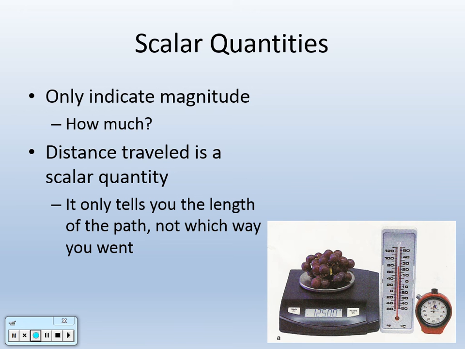So, distance traveled tells you the length of the path without regard for which way you went. It only tells you magnitude, it doesn't tell you direction. Okay? Does that make sense, at least for starters?